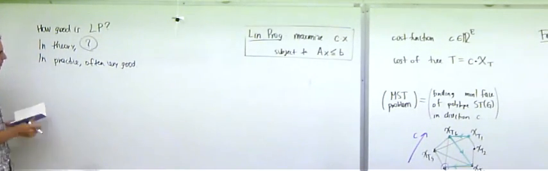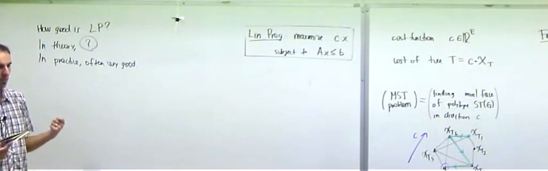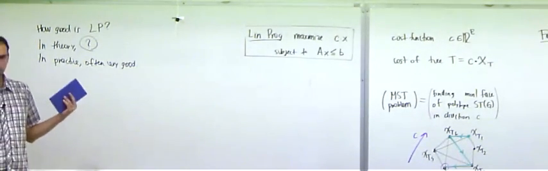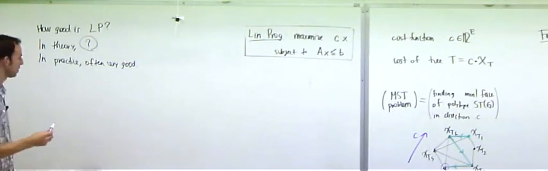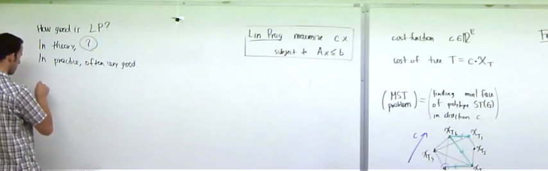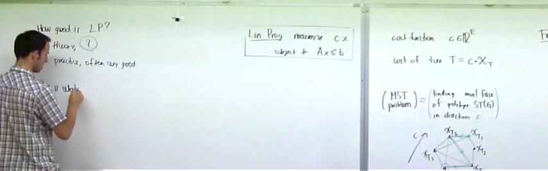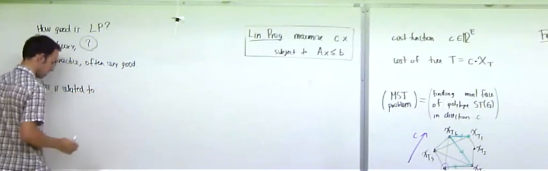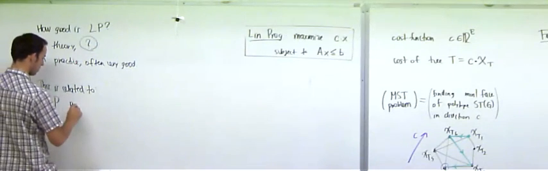Now, hopefully you see from this that this question is related basically to how far vertices are from each other in these polytopes. So this is related to the following question. Let's say that you have P as a polytope.